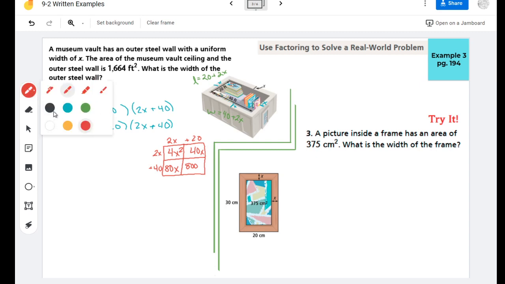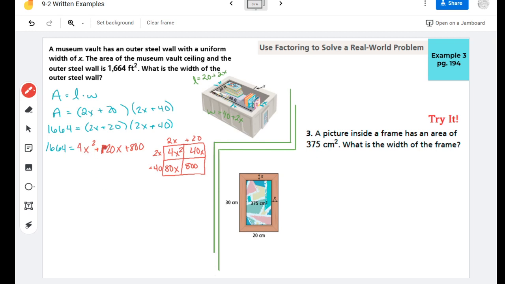Alrighty. So in my equation, I have 1664 equals all this stuff that I got from my box, right? So I have 4x squared, and then 80x and 40x together makes 120x, and then plus 800.